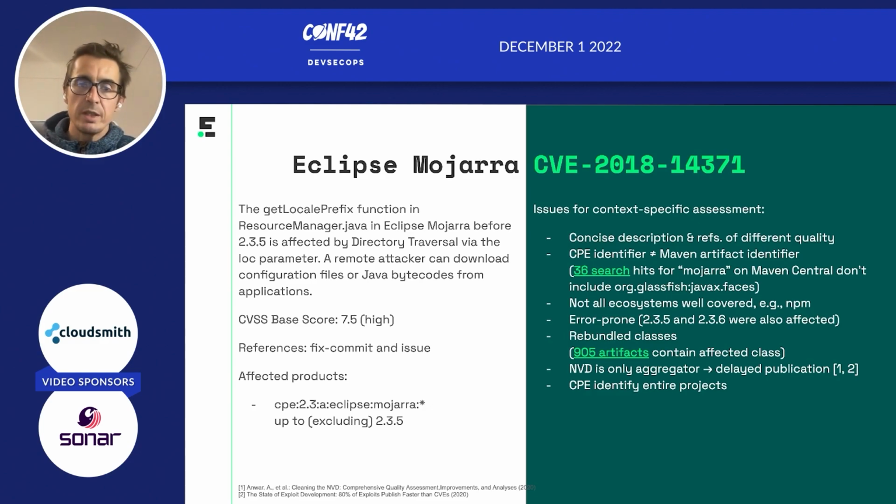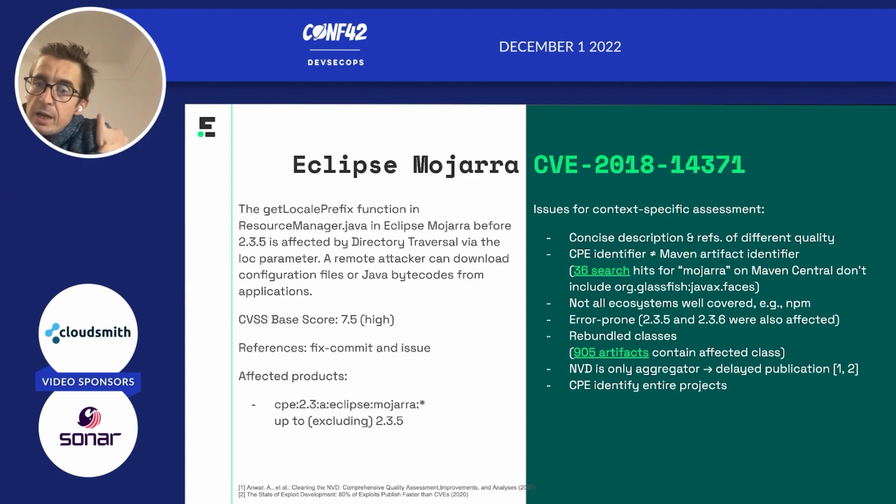That is very detailed information of no immediate use, I would say, for the application developer. And also those references, in this case, to the fix commit and to the Jira issue are not always much of a help and provide rather unstructured or little additional information supporting developers.